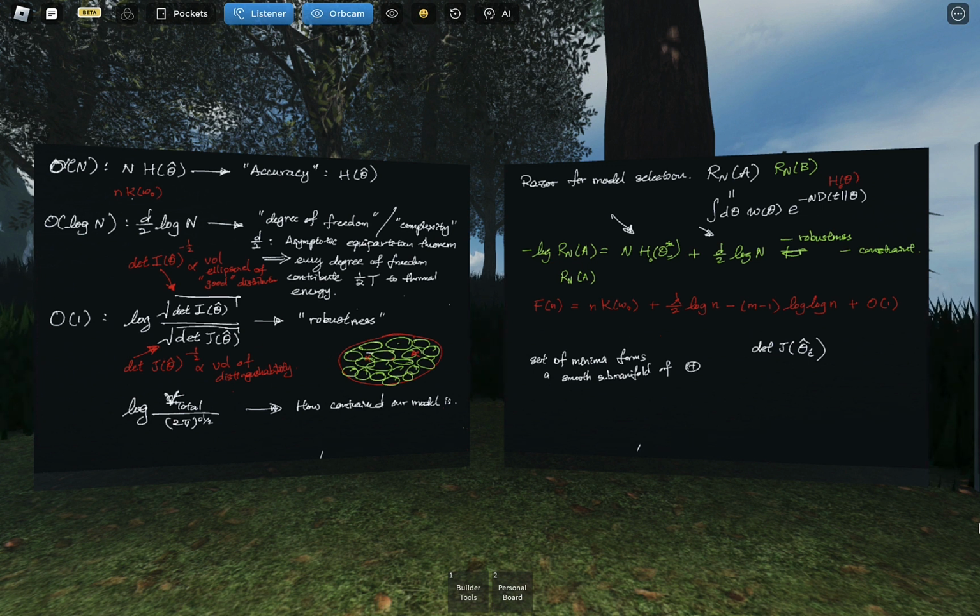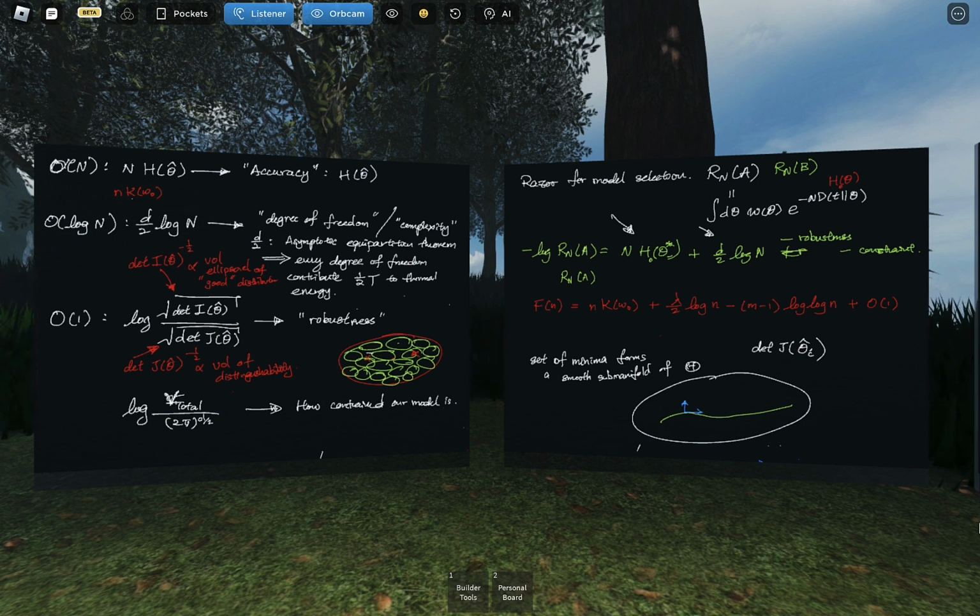Well, in this case, so your parameter space, and then the set of minima looks like, say, like that. In that case, you would choose coordinates that can be partitioned into two parts, the tangential part and the normal part, and then do the Laplace approximation on the normal coordinates.